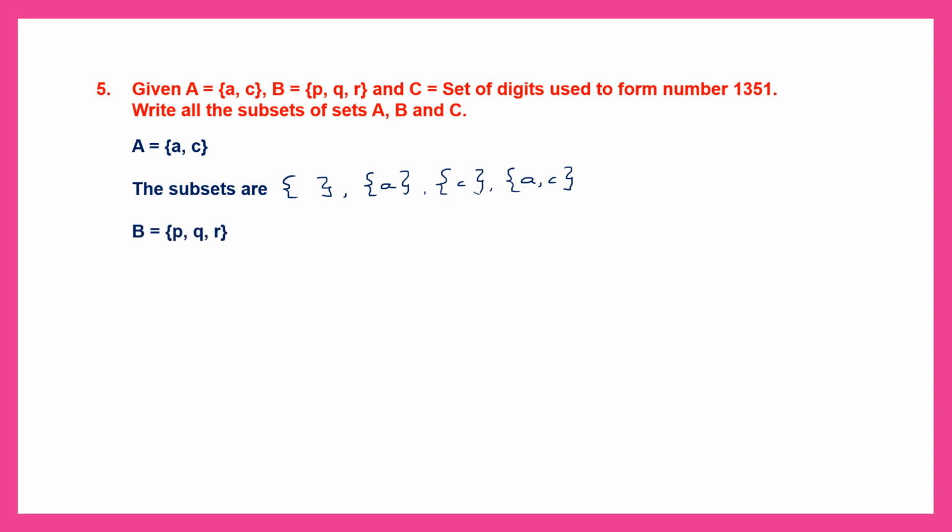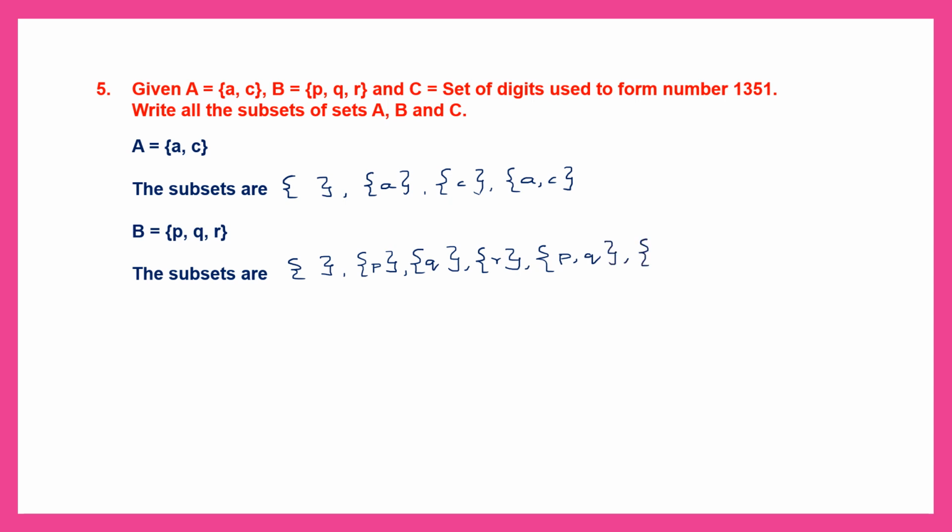B. B is p, q, r. Now the subsets of pqr are again first the empty set. Then take each letter: p, then q, then r. Now take two letters at a time. So we'll take p and q.